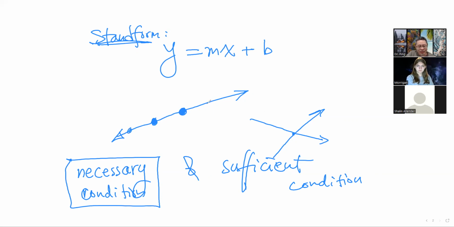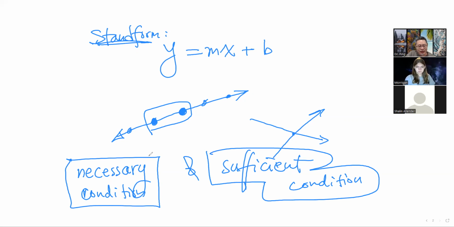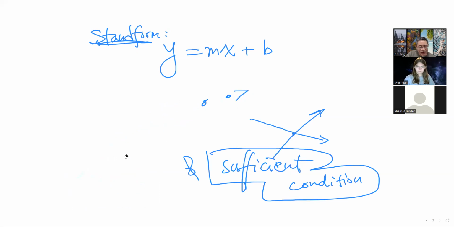So you can have multiple points, but at least we need 2. This is called necessary. But we don't need more than 2. So 2 points is sufficient for us. That's called a sufficient condition. So in this case, we call it necessary and sufficient, just 2 points. But in life, there are many things. You see the difference.